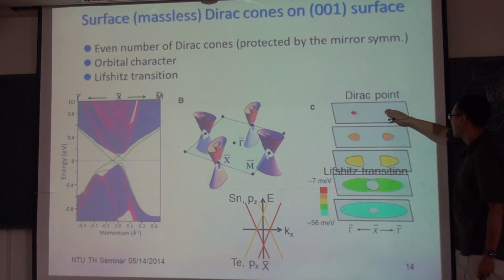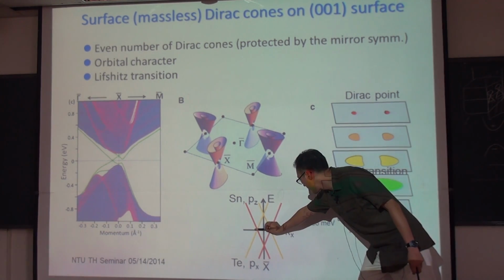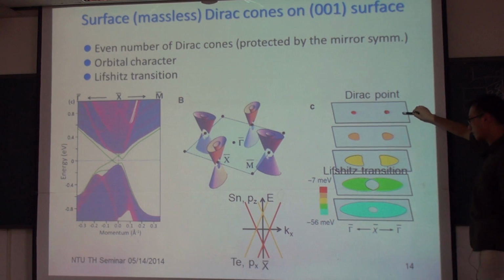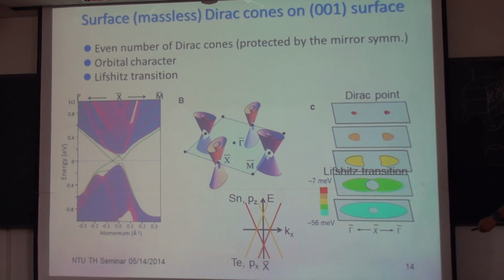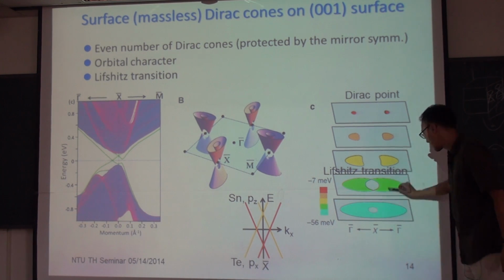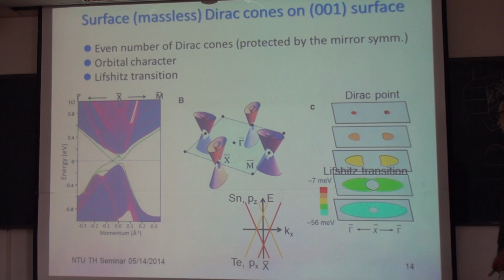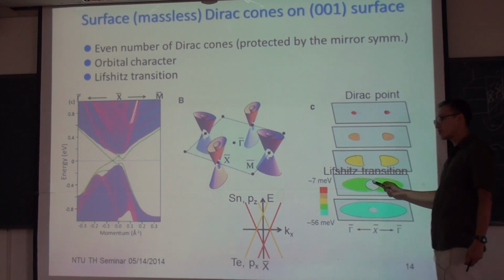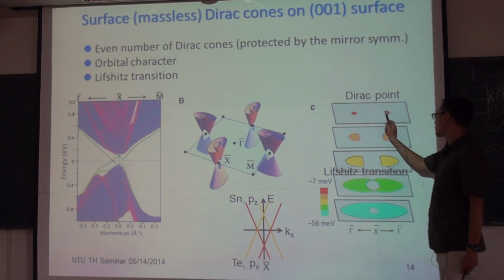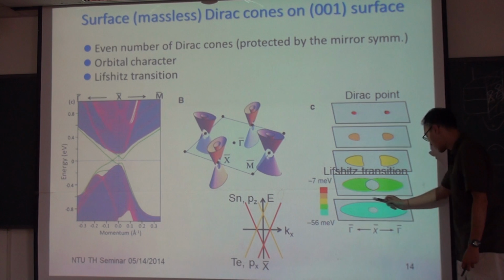As you can see, the starting point is the Dirac point. The Fermi level is here, and you see two Dirac points. When you shift your chemical potential lower and lower, basically the Fermi surface changes shape at a certain point, which we call the Lifshitz point, here. And therefore you have two separated Fermi surfaces. Now you have a connected point.